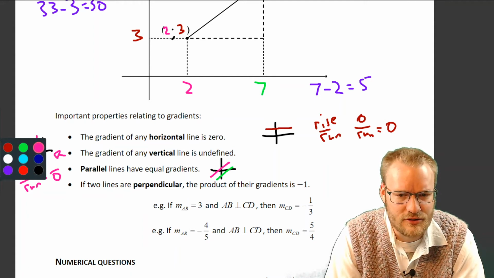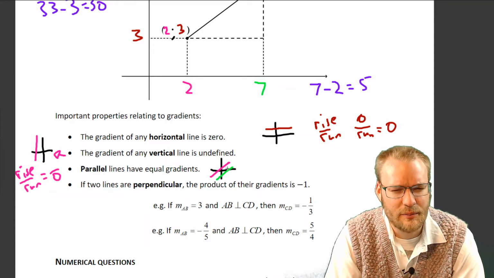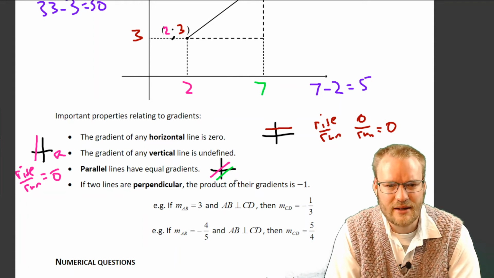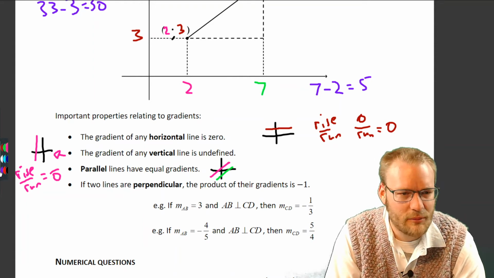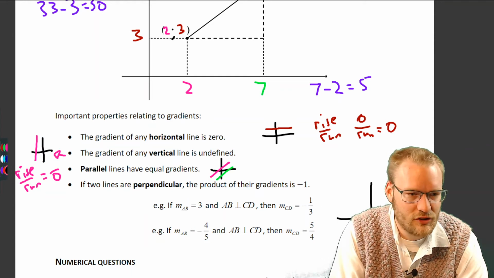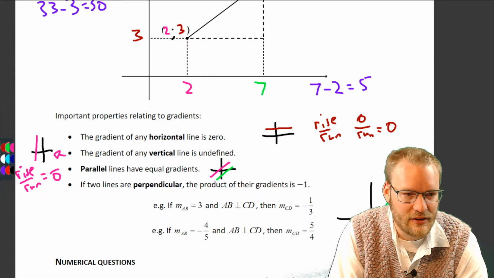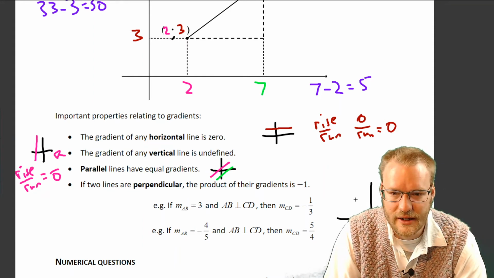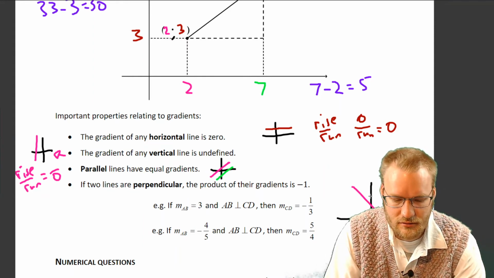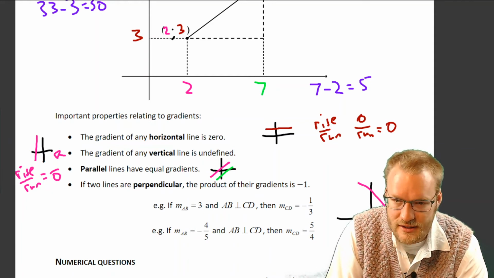And finally, we've got the perpendicular lines. For parallel lines, they're the same kind of rise over runs, but let's not overcomplicate it. And for these, if we've got 2 lines and the one gradient is, say, 3, and the other gradient then will be negative a third. Let's not make it cross the x-axis. The whole point here is that this is a right angle.